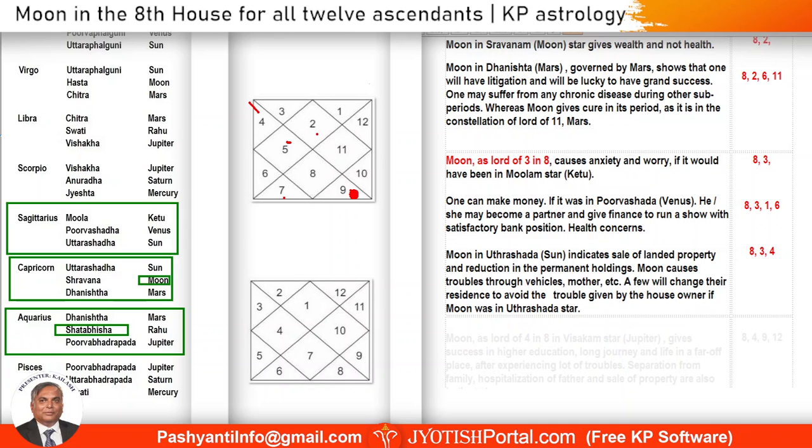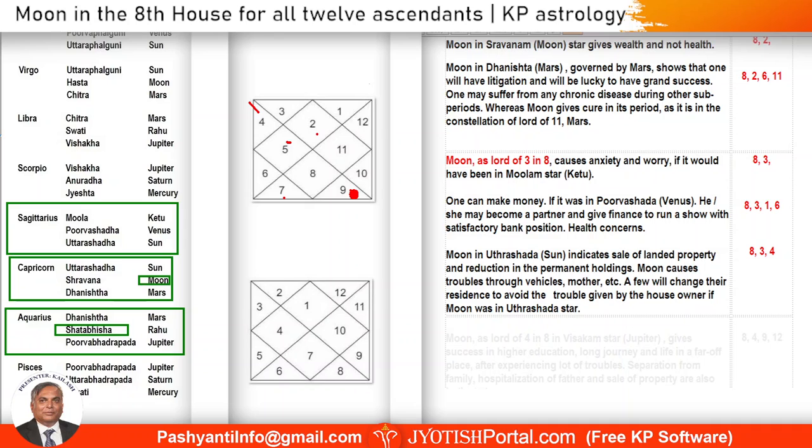If you look at this combination, it can have many different kinds of results. Some of those are mentioned here. But I have seen that whenever 8 and 4 is there, then Sri KSK always mentions some kind of a distress sale in the landed property.